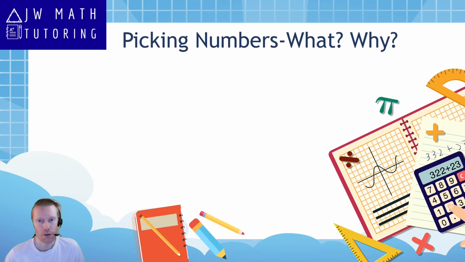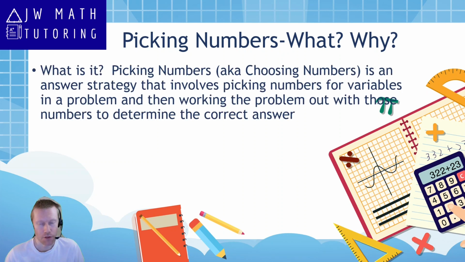So first you might be wondering, what is picking numbers and why would you use this strategy? Picking numbers, also known as choosing numbers, is basically a strategy to use for multiple choice math questions where you select some numbers for the different variables or different quantities mentioned in a problem.